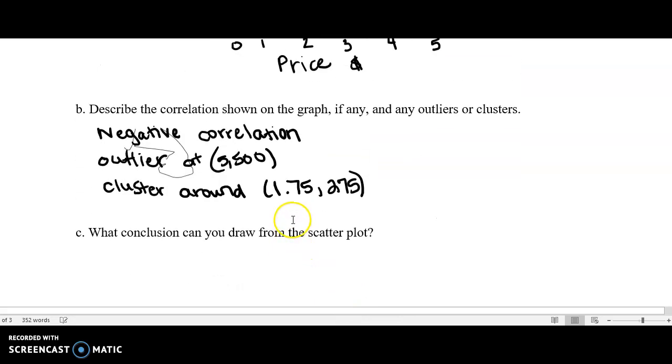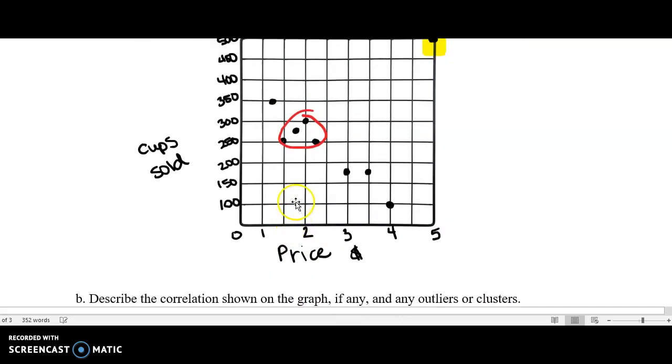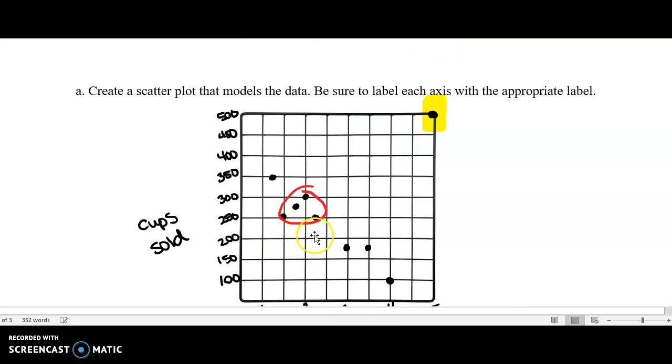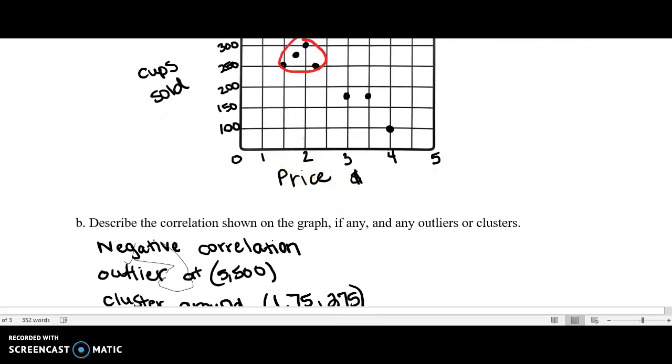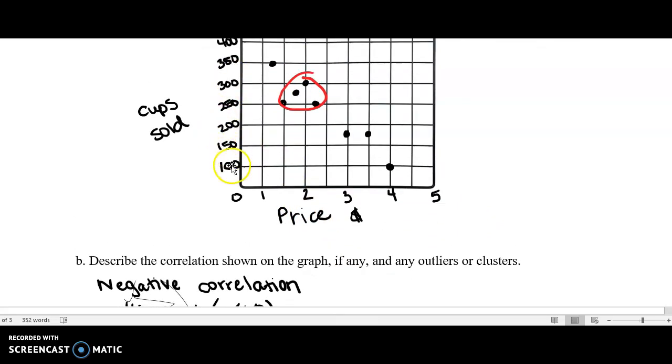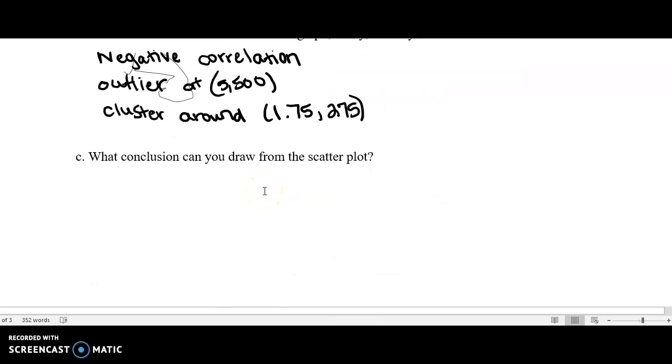What conclusion can you draw from the scatter plot? What's happening as the price increases? Well, we're not selling as many cups, right? Because people aren't going to want to pay $5 for a cup of frozen yogurt. Or maybe you would. I don't know.